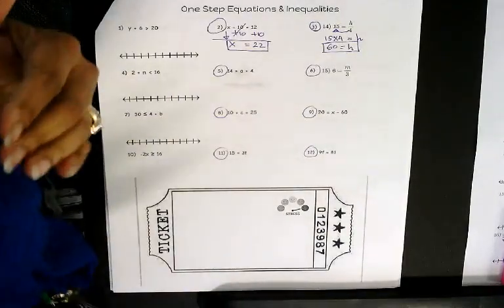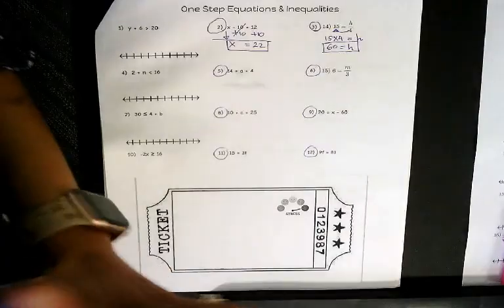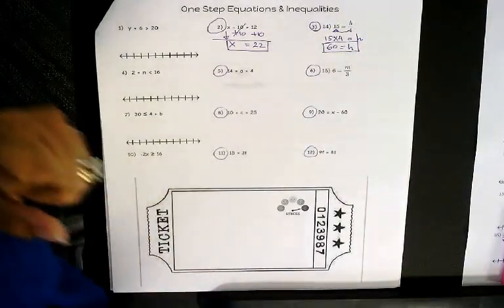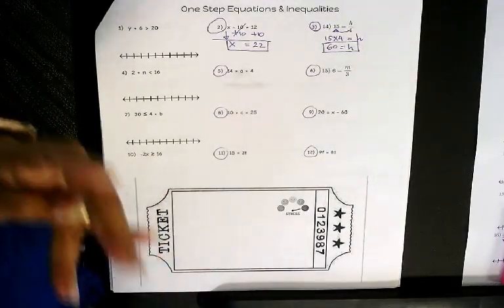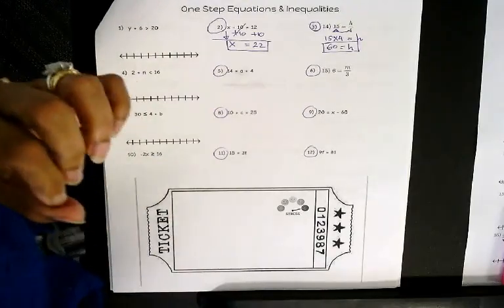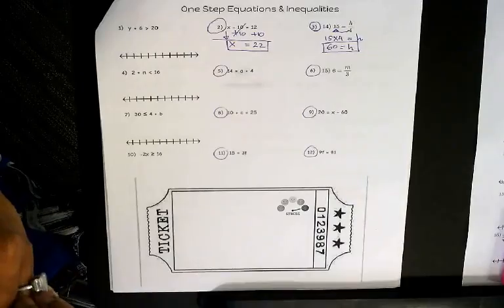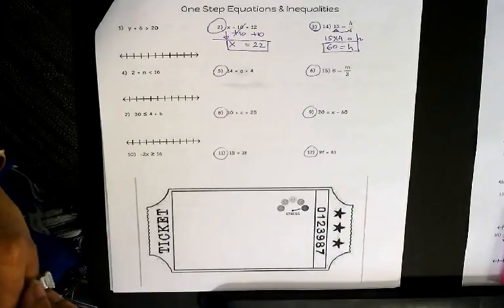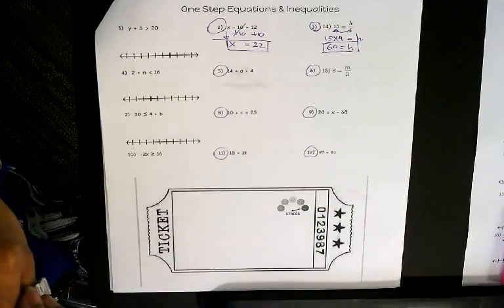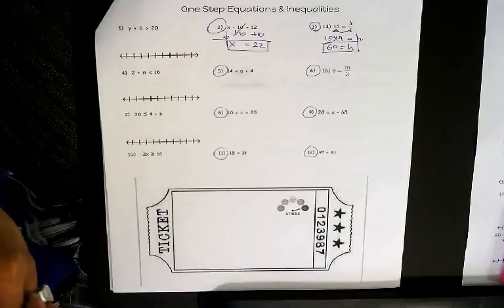Who are the open inequality and who are the closed? Open, like with the line underneath, one's like equal, and without a line, it's not equal. The ones without a line are the open, the ones with a line are closed.